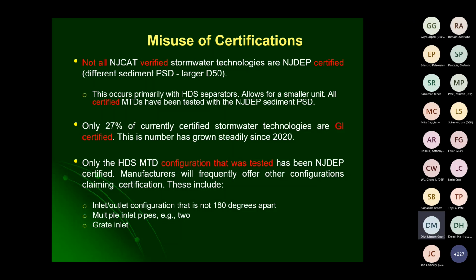They're not going to help you in New Jersey. And it's interesting how many other states I'm hearing don't understand the difference between NJCAT verified and NJDEP certified. And again, this occurs primarily with HDS separators, allows for smaller units.